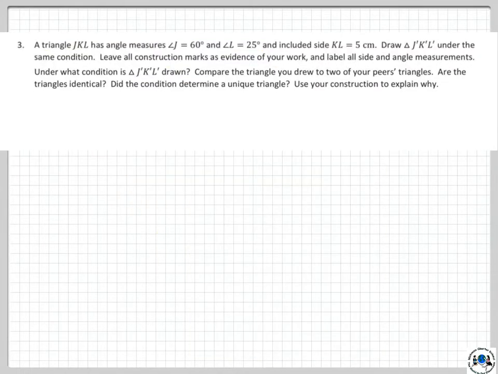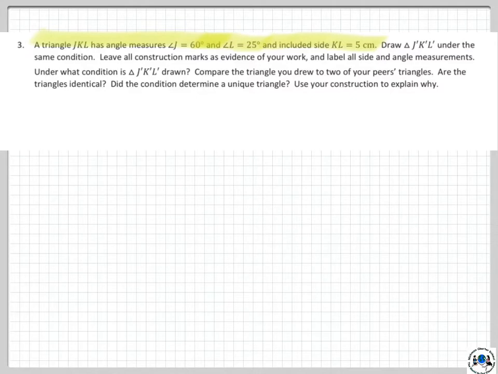Okay, so here's number 3. We've been successful two times in a row in creating unique triangles and creating conditions that will create identical triangles. So here we go. Number 3, you have a triangle JKL. It has measures where we have angle J at 60 degrees, angle L at 25, and then we have an included side at 5 centimeters.